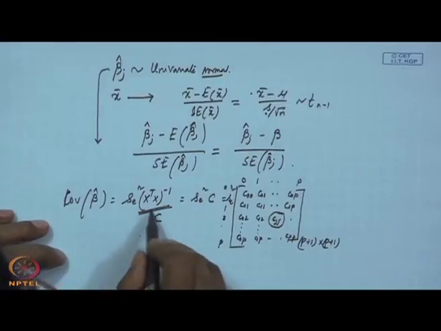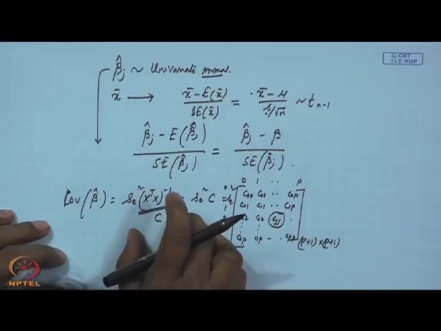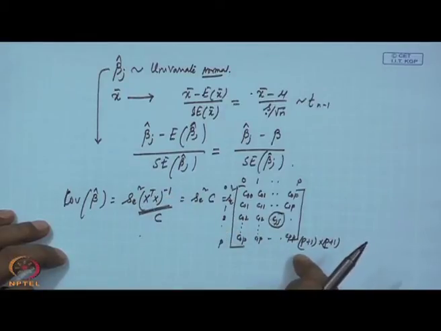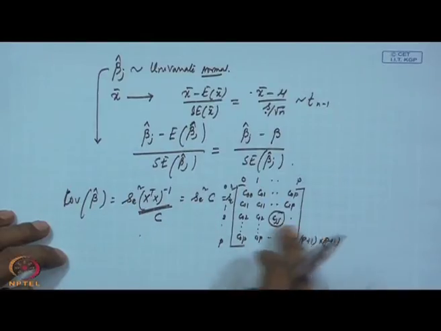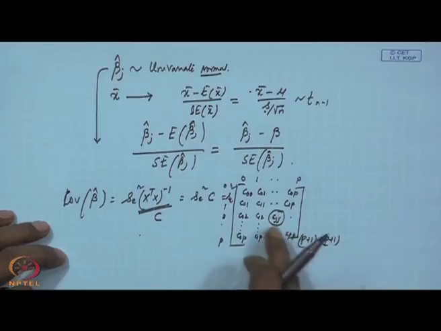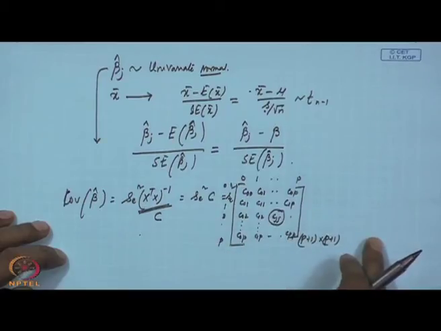So, what I am saying is that X transpose X inverse is a square matrix of the order p plus 1 cross p plus 1, and we are writing it in terms of capital C, and each element is Cjk. Now, j goes from 0 to p, k goes from 0 to p.